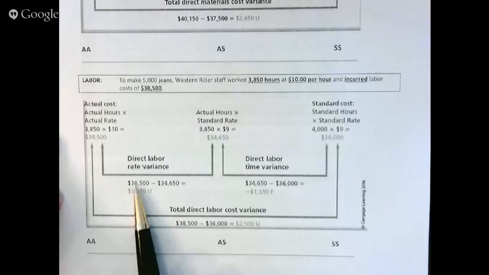So this particular business decision to assign higher skilled workers that get more pay to reduce the number of hours just was not a good decision, because we still incurred an unfavorable variance for direct labor.